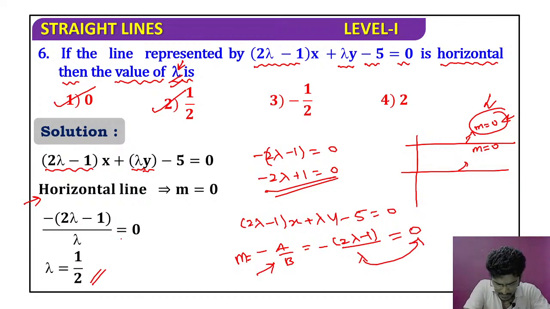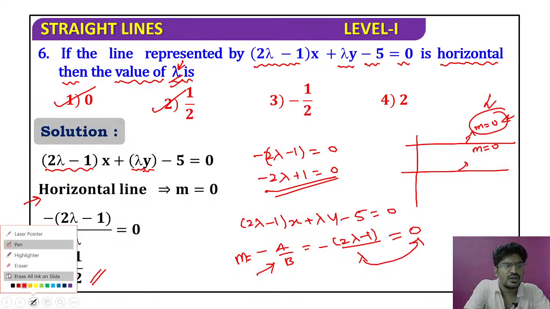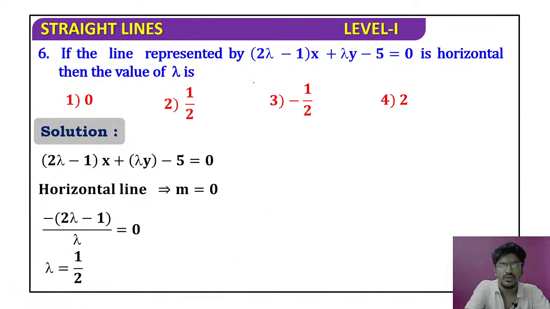So, therefore lambda equal to 1 by 2 will be the correct answer. Clear? So, I think no confusions in this problem. If you have any confusions, you can ask. No problem. Quickly.